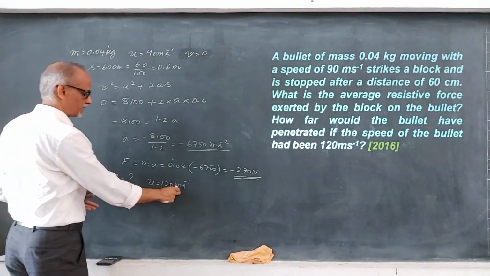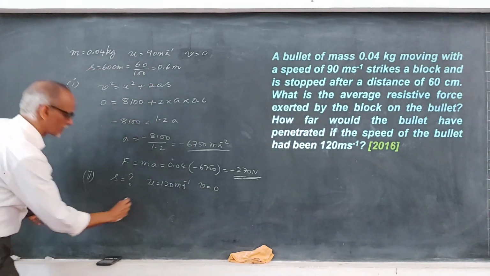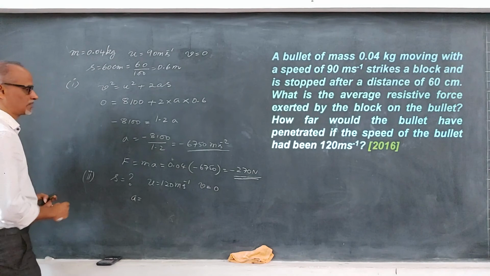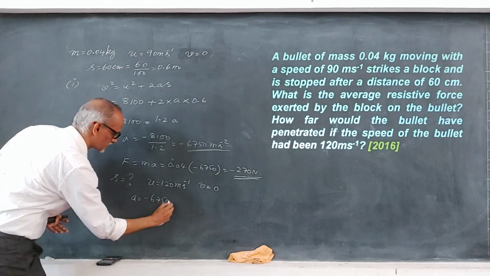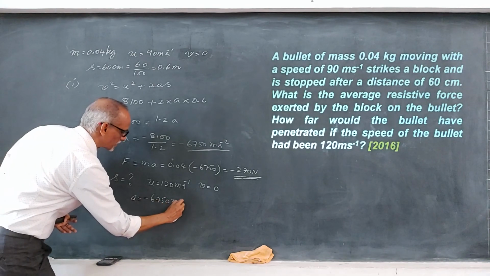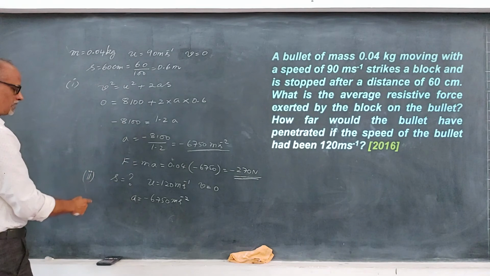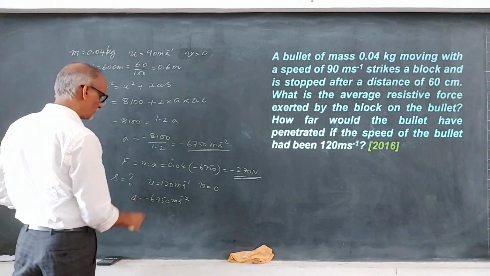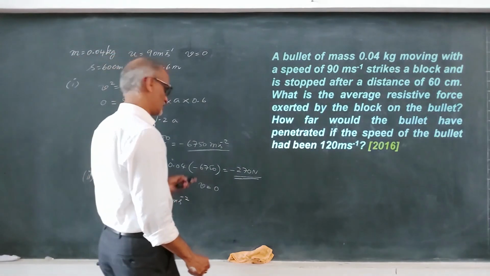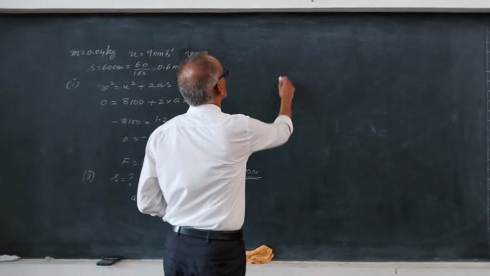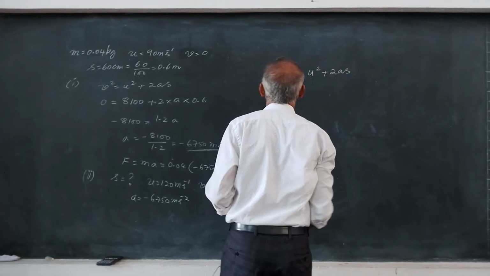So u is 120 meters per second, the final velocity has to be 0, and the acceleration has to be the same as earlier. Why? Because it is the same block which we are using. So minus 6750 meter per second square. Are you clear? So let us calculate with the help of u, v and a, and then we can find the value of S. v square is equal to u square plus 2as.